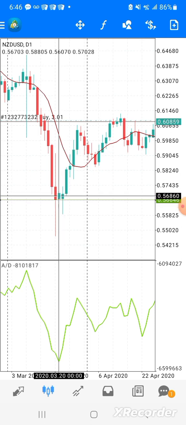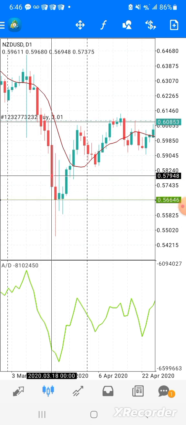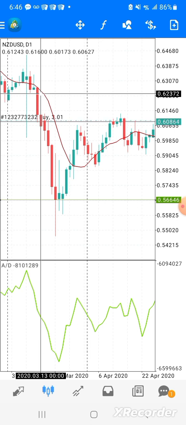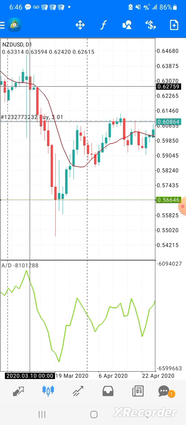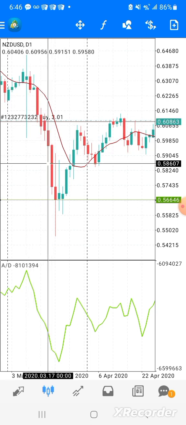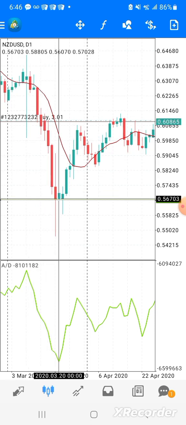So support, inverted hammer first. It comes down some, breaks this 10 moving average, drops all the way down. You're in profit, close out here.